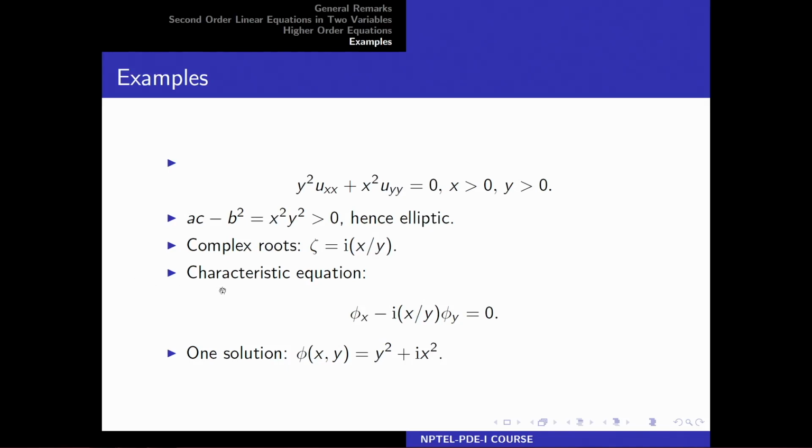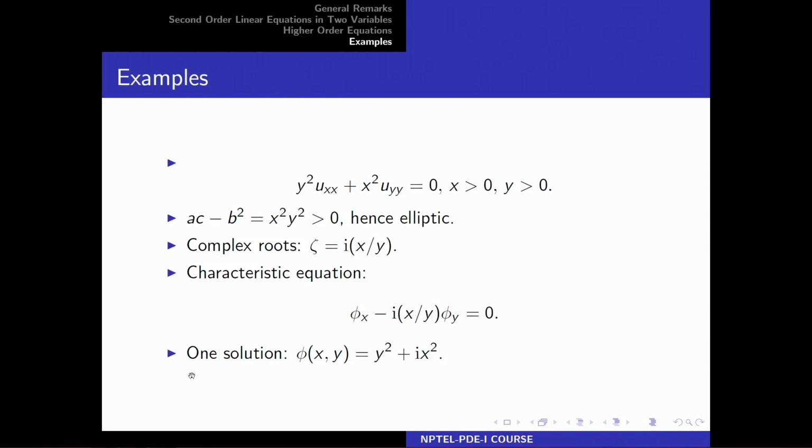Okay. So, the characteristic equation is phi x minus I x by y phi y equal to 0. As I was remarking, we have not dealt with such equations with complex coefficients. But here since it is very simple, we can make a guess for the solution.